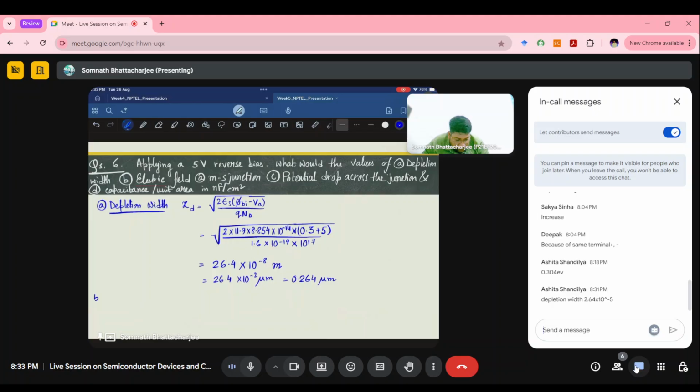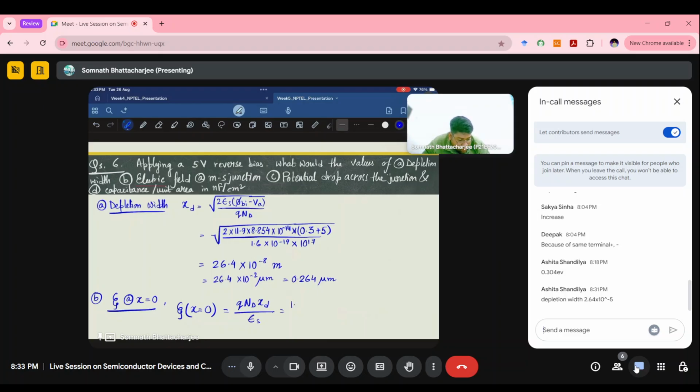Now, if we derive the second one, that is the electric field. So, electric field at the metal semiconductor junction, that is at x equals 0. The value of electric field at x equals 0 is nothing but q Nd xd divided by epsilon s.